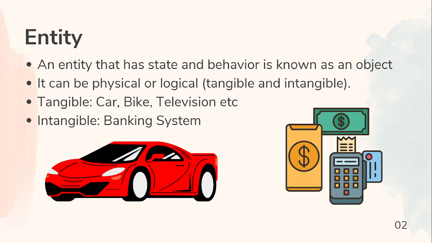These are things that we can't touch or feel, but they exist. Whenever a transaction is going on, we can see a deduction happen on one side and a credit happen on another side. So these are intangible, right? An entity which has state and behavior is known as an object.